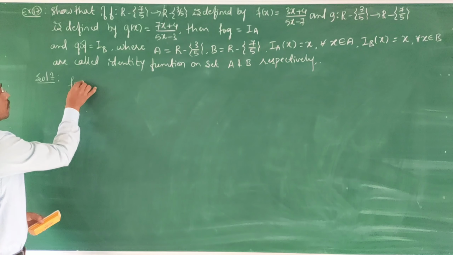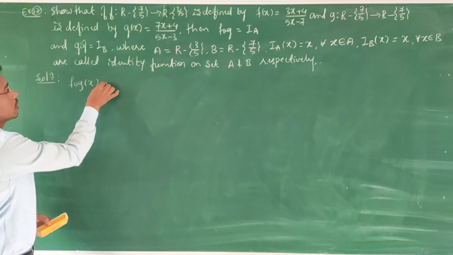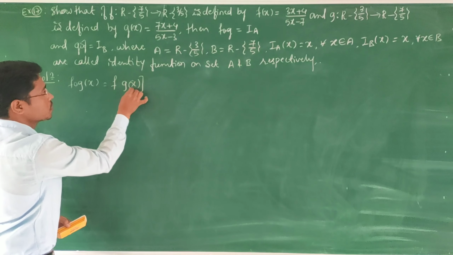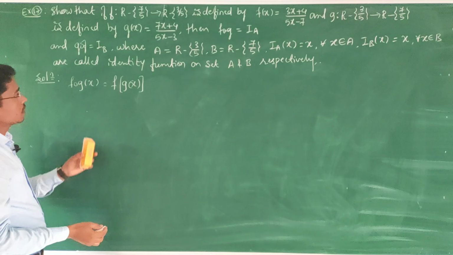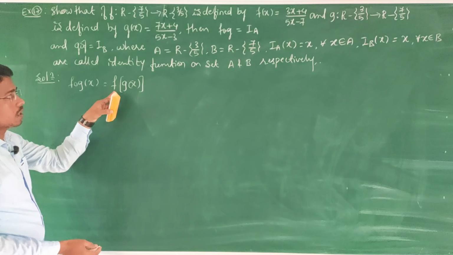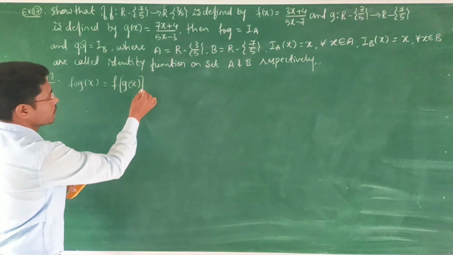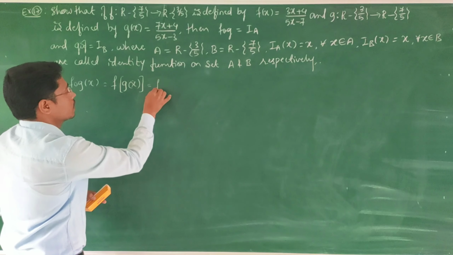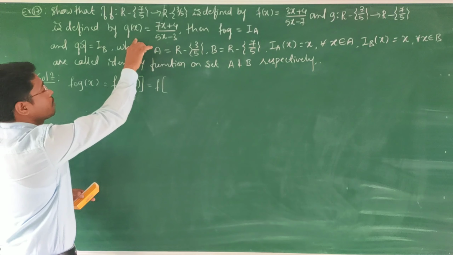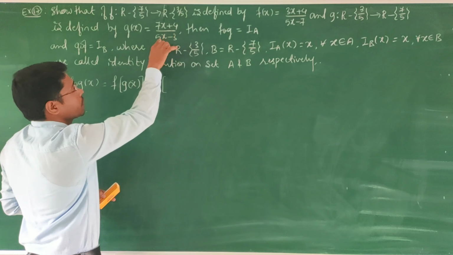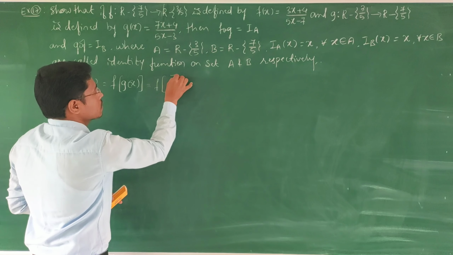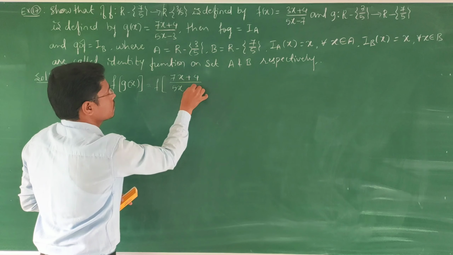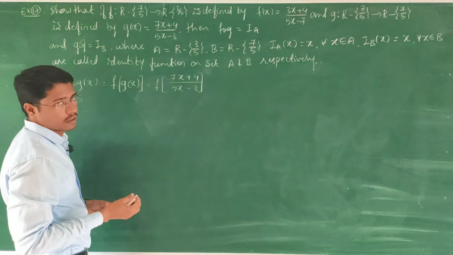First, fog(x) equals f(g(x)) according to the definition of composition of functions. So this is equal to f of g(x). What is g(x)? g(x) is (7x + 4)/(5x - 3).